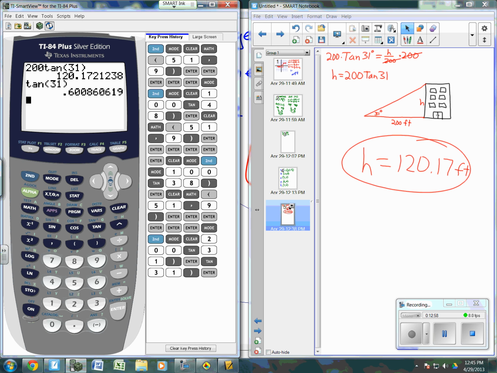The tangent of 31 is 0.600860619. That is, you could get that ratio. If you turn that to a fraction, let's see if this will turn it into a fraction. It might not. Yeah, it won't do it. It means the opposite side divided by the adjacent side. I'll show you some other problems here that might help answer that question.